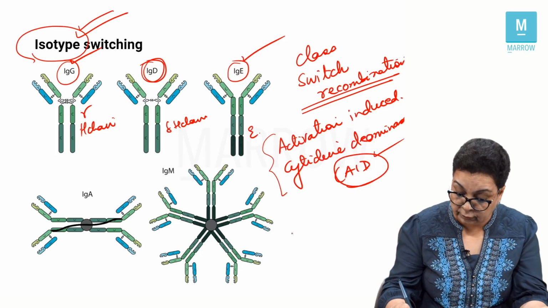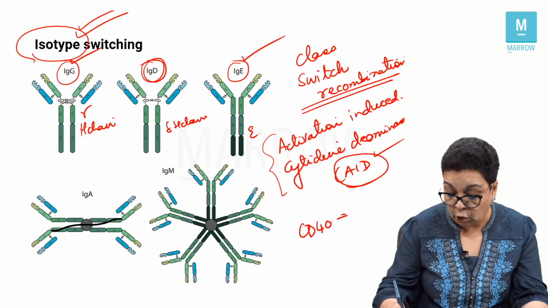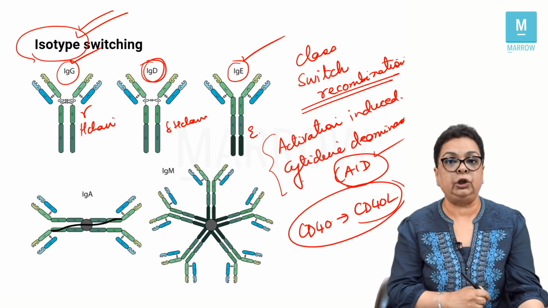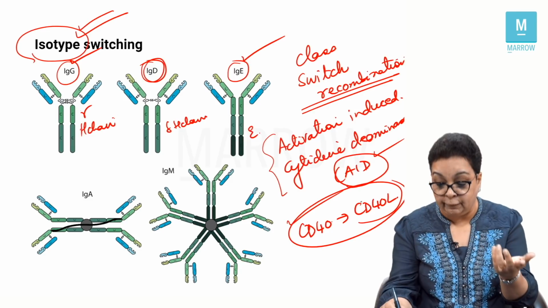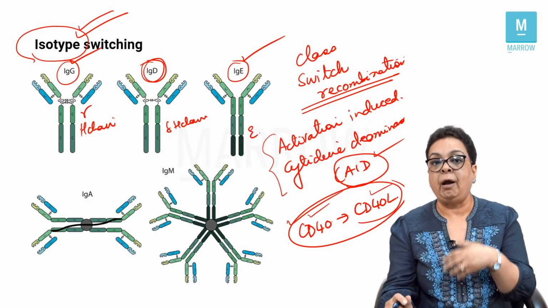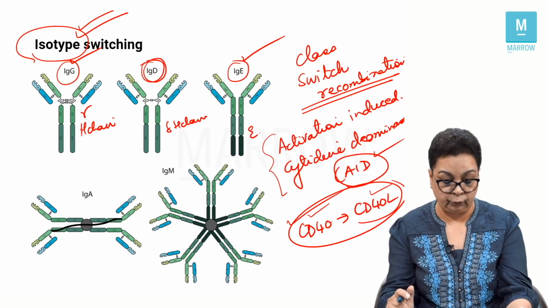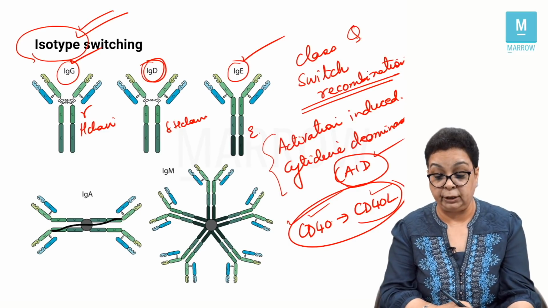Another important signal, as I mentioned earlier, is that CD40 of the B cell has to bind to the CD40 ligand on the follicular helper T cell. So all this has to bind. Any defect in either of these expressions again is going to lead to hyper IgM syndrome. Okay. So this is very important, class switch recombination.